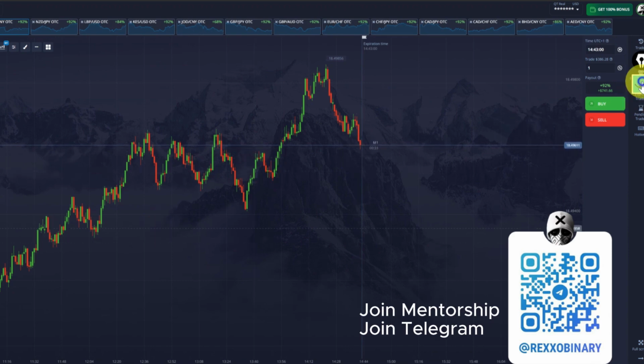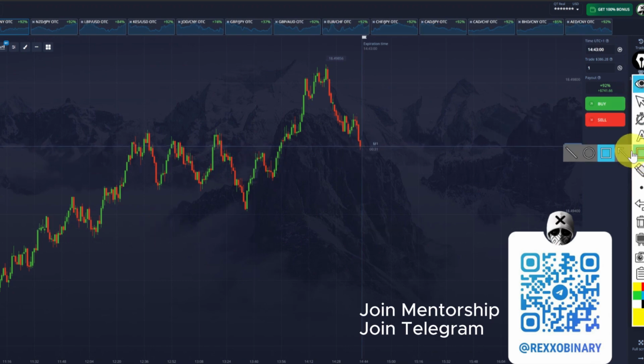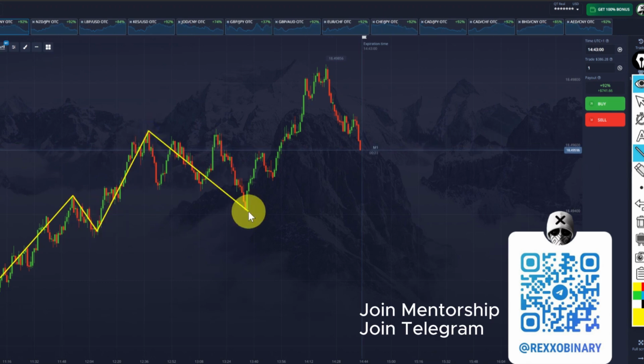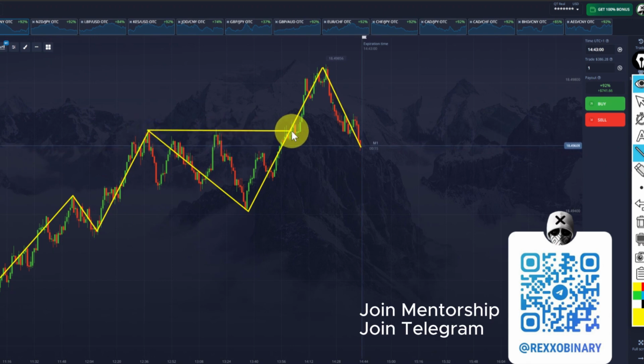So you can see if you look at this, the market is making higher highs, higher lows, higher highs, higher lows, higher highs. The last break of structure was here. If price breaks this, we can say this is a downtrend.